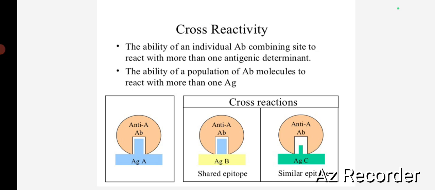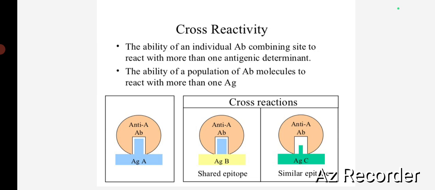In this way, antigen A is the normal reaction, and the same antibody reacts with antigen B epitope and also antigen C epitope. In this way, the same single antibody is shared by the antigens. This process is called cross reactivity.